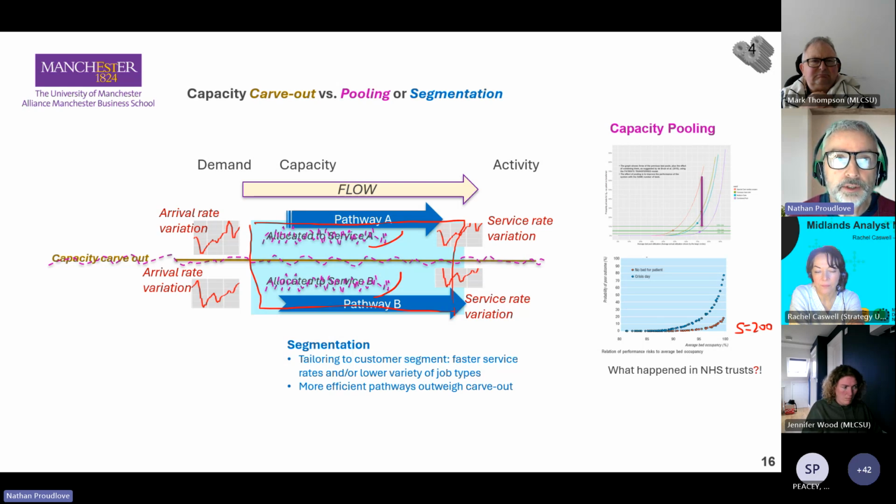Some trusts did some really good work, some of it got overwhelmed, but some really good work in saying, well, what really matters about, for example, medical admissions is how sick they are. Some of them are just not very sick, they're not going to be here for long. We want them in a short stay environment where any doctor will see them but quickly, and we'll get them out in 2 days, maximum 4 days.